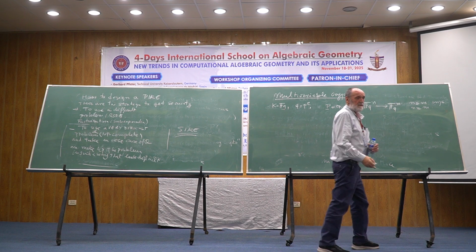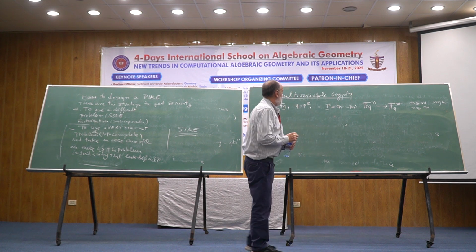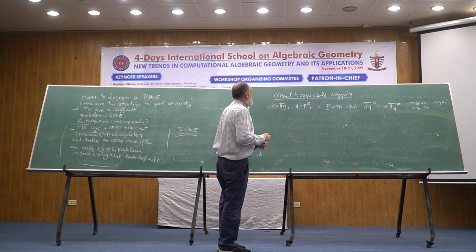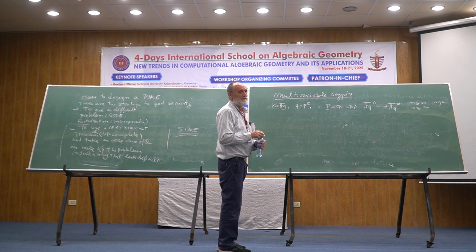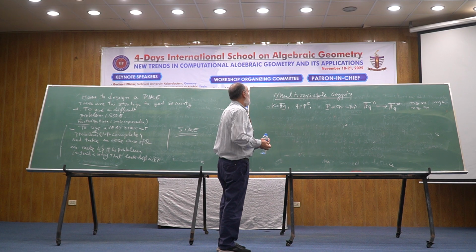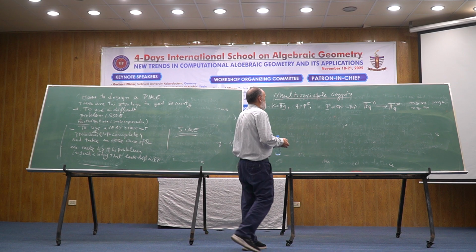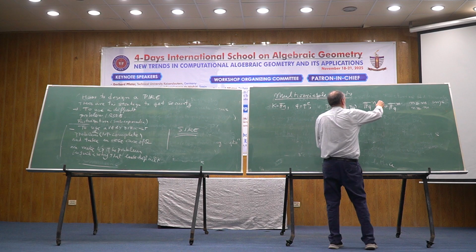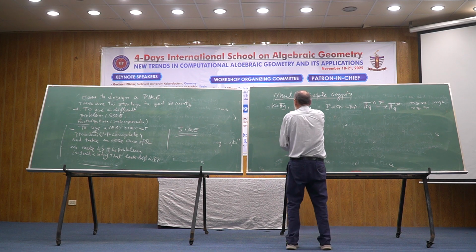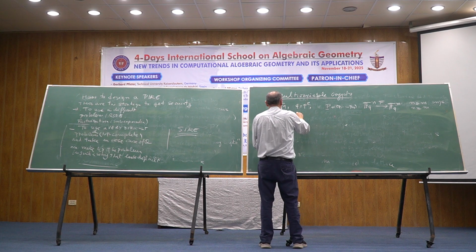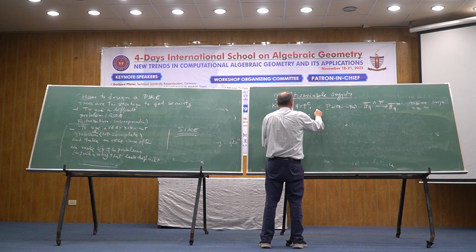Okay, so in principle we have such a map, and we need, as I say, an easy map, a map F that is easy to invert.